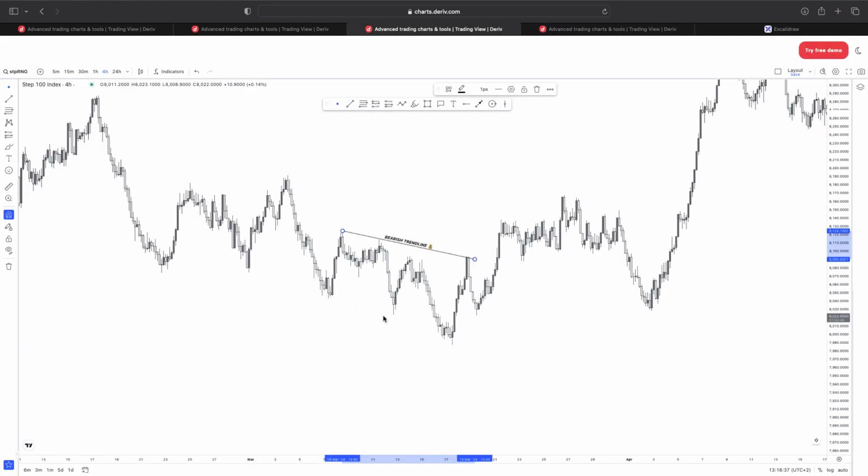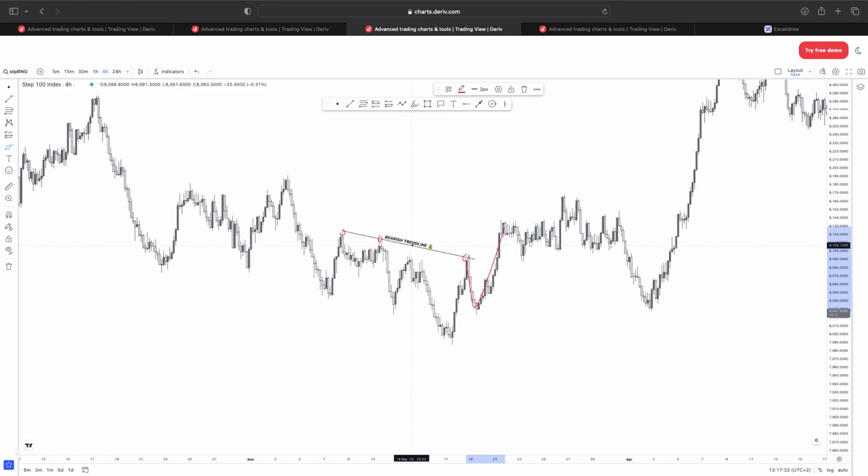And then another one, we have a bearish trend line. Again, what is happening here? We have a first touch, a second touch, and a third touch confirmation. So as you can see, we have a first touch around this area here, and then we have a second touch. Now on the third touch confirmation there, what happens? Price sells a bit, but it eventually pushes to the upside.